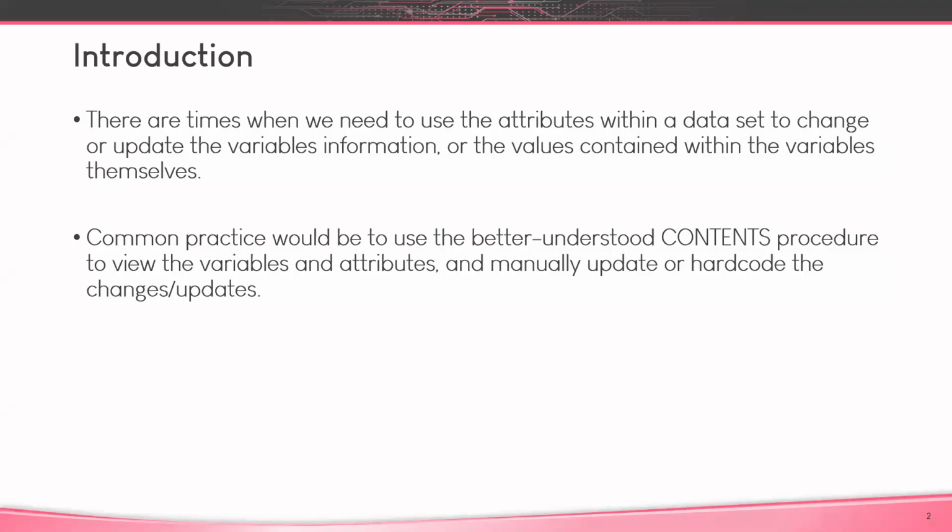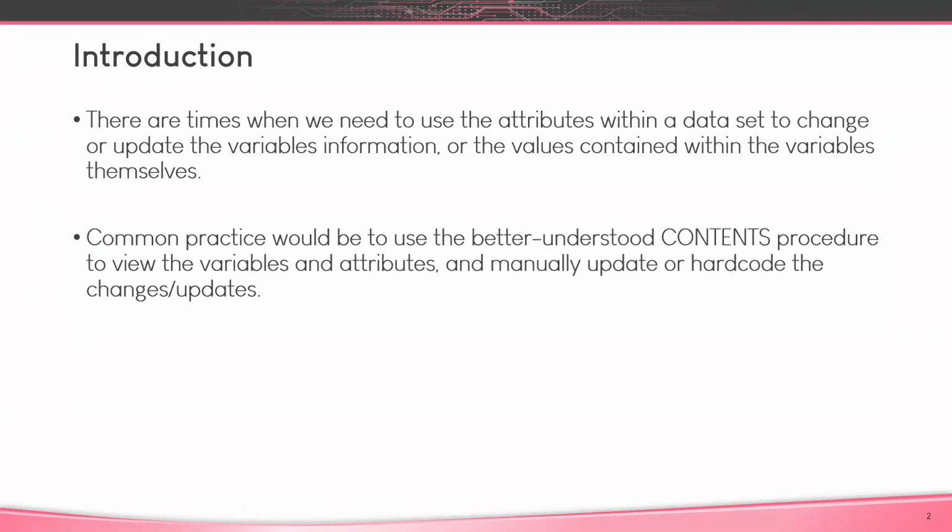So we're going to start talking about variable information functions. Typically, there's a situation, at least in my industry, where there is a need to update the variable information, things like the attributes. And we have to get that information somehow. Most of the time, at least in the past, I always used PROC CONTENTS.